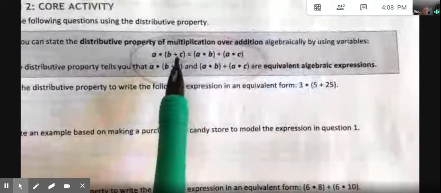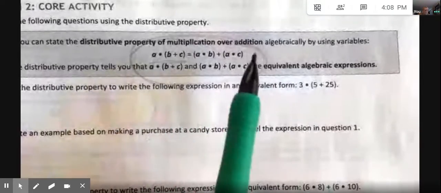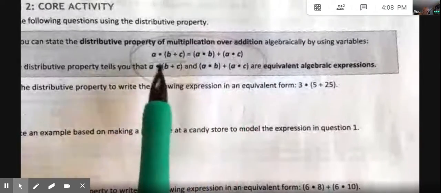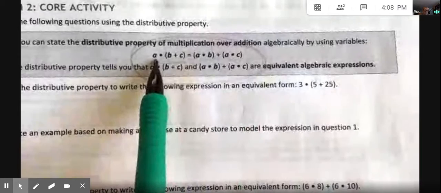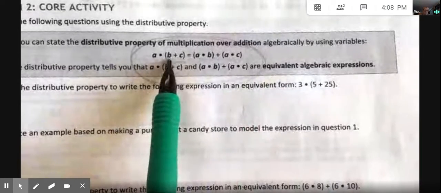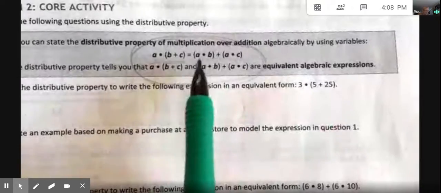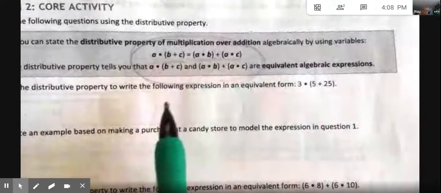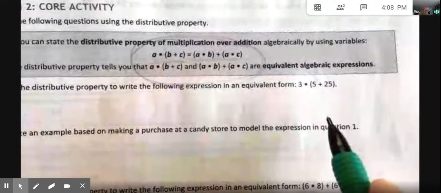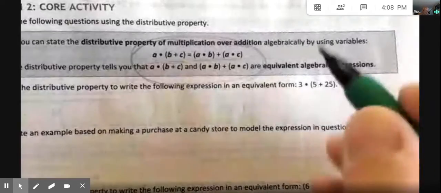So I know this looks very confusing up here with all these variables, but if it looks like this, a number times parentheses, a number plus a number, which is the way this looks, they want us to write it like this. So basically, we're going to show how to do the distributive property.